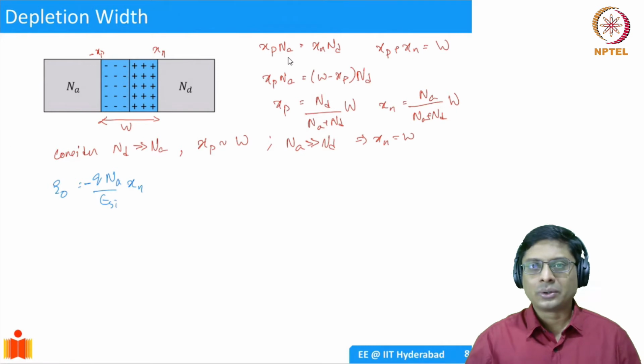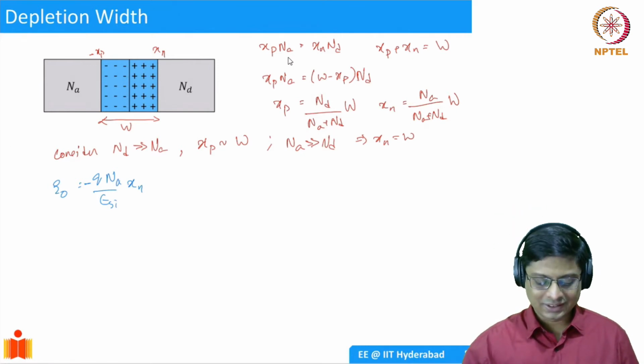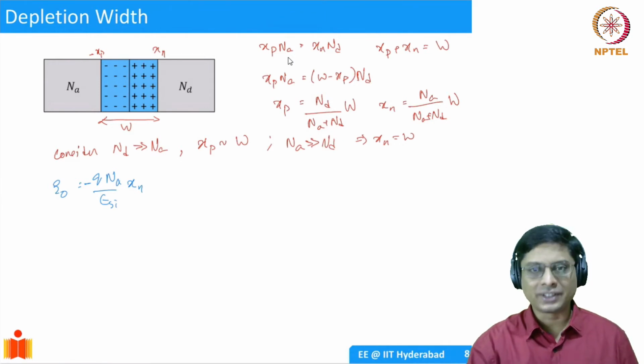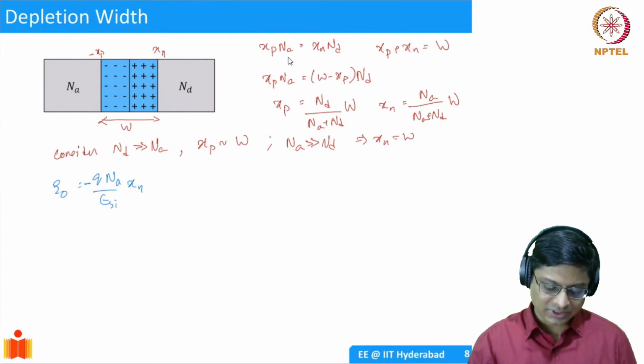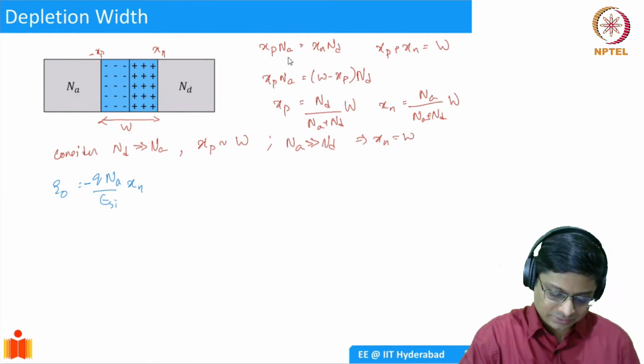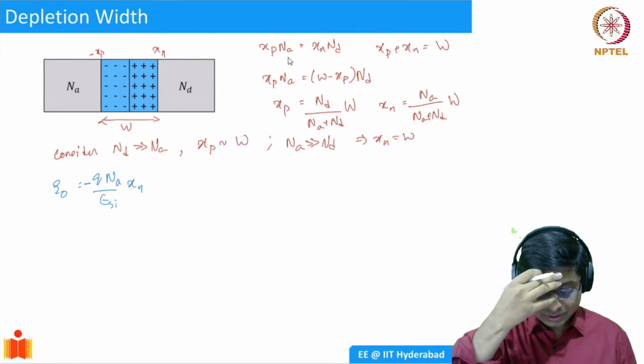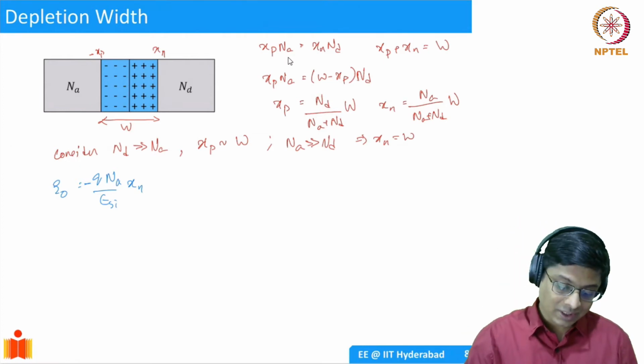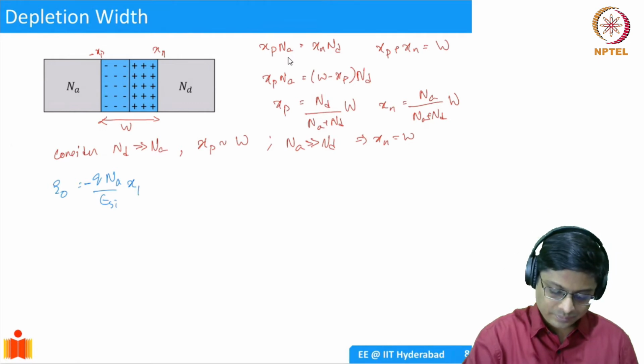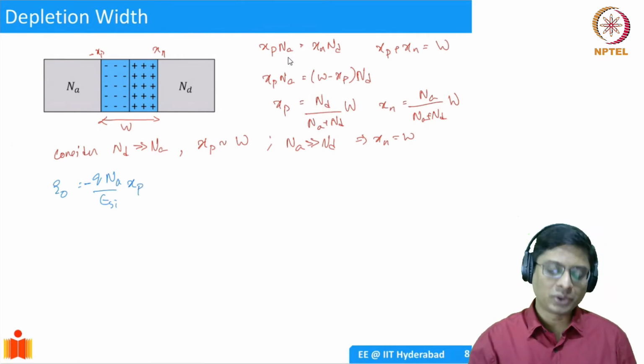Okay. So you might have some difficulty in following. It might seem that I remember these expressions, but actually in my mind I'm trying to derive it as I'm talking. So you should also be comfortable doing that. Okay. So this is xn, and we know what xn is, right? I wanted to write it in the P-type region. In the P-type region, because I put Na, it should be xp. In the N-type region, it's going to be xn.